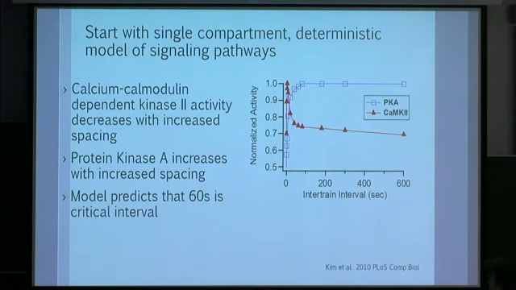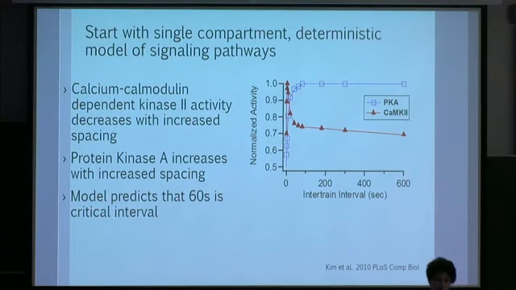Namely, protein kinase A increased as you increase the intertrain interval, whereas CAM kinase decreased as you increase the intertrain interval. And so we predicted that somewhere around here, at this interval, you would switch from a PKA dependent to a PKA independent paradigm. And that interval is 60 seconds.